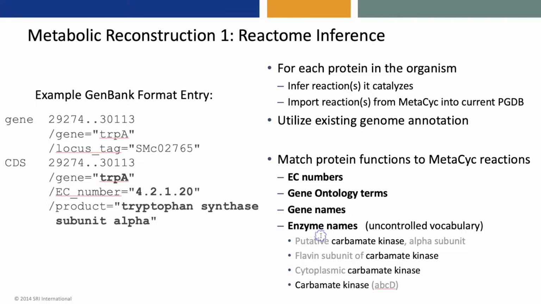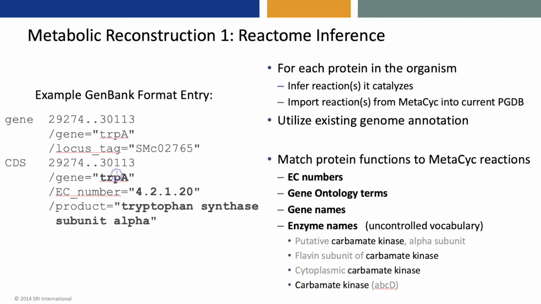Metabolic reconstruction proceeds in 2 different phases. In this example, we're going to be assuming that the input is in GenBank format, where for each gene in the organism or in the metagenome, we're providing the coordinates of the gene on its chromosome or contig.